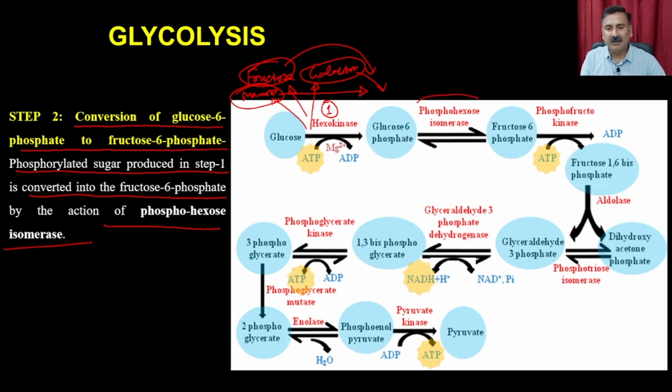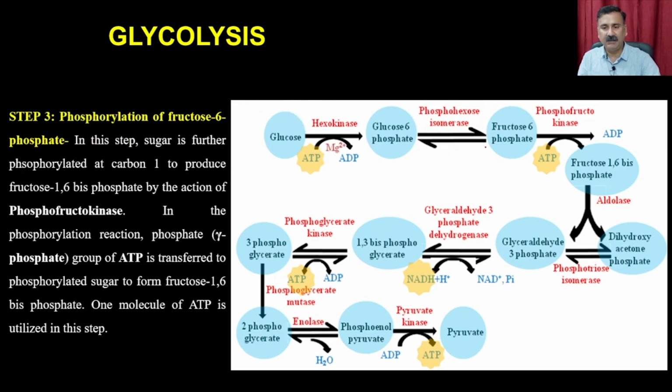Ultimately, this second reaction is going to convert whatever sugar is present in the first step to fructose 6-phosphate. So if it is fructose 6-phosphate, no reaction is required. But if it is galactose 6-phosphate or mannose 6-phosphate, that also is going to be converted into fructose 6-phosphate, so that the fructose 6-phosphate can be put into the degradation reactions.